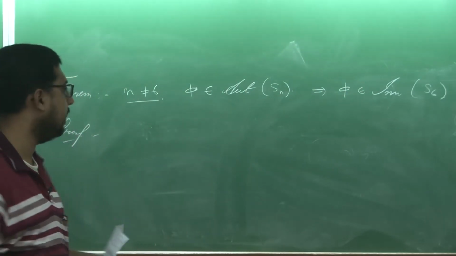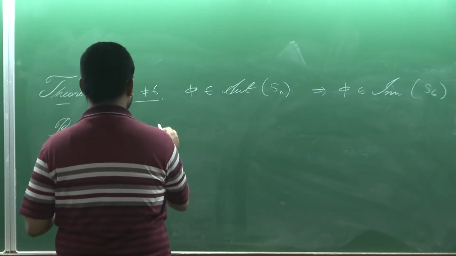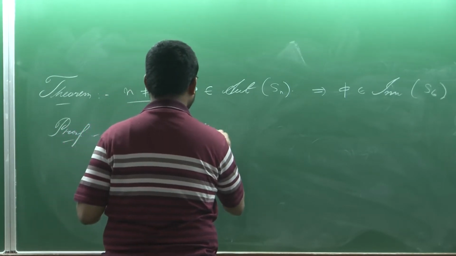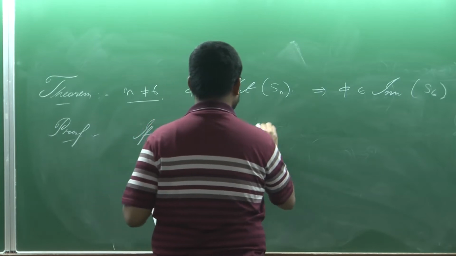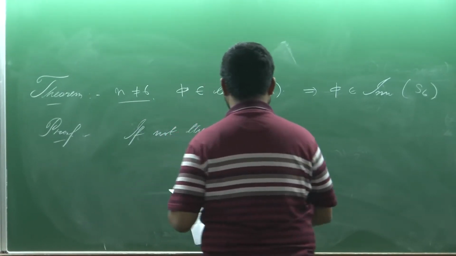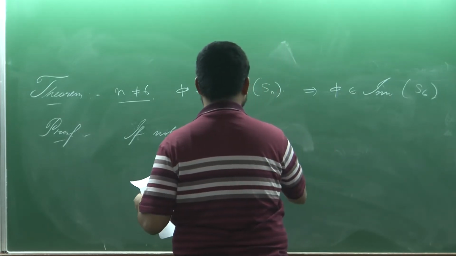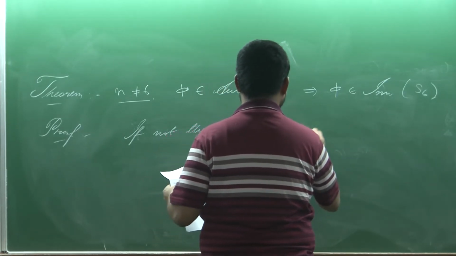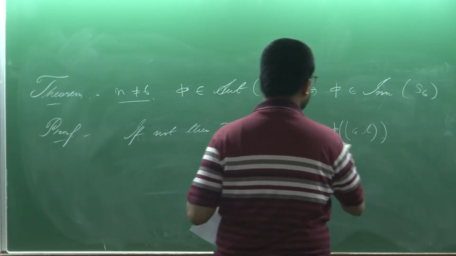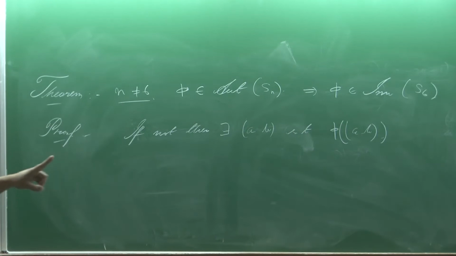If not, that means there is a transposition, so if not, then there exists a transposition tau, or maybe I can write it like this, tau AB, so it is going to have order 2, right?